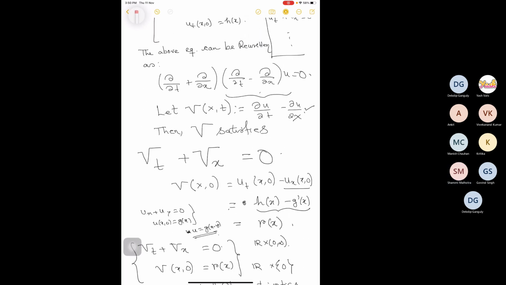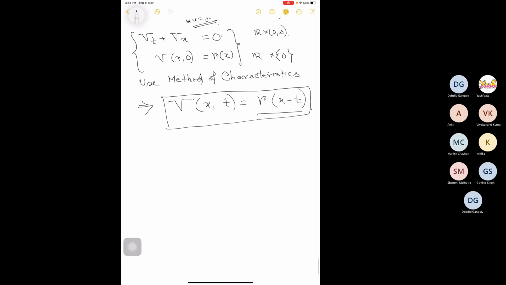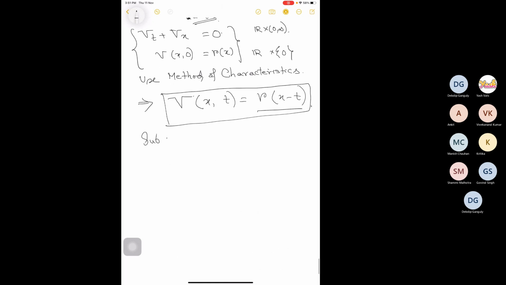Sorry, maybe I have made some mistake. No, that's okay. So this I have solved. Now substituting back, we get u_t minus u_x is equal to v(x,t).